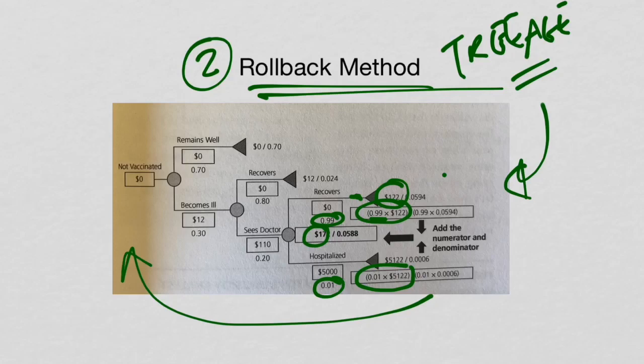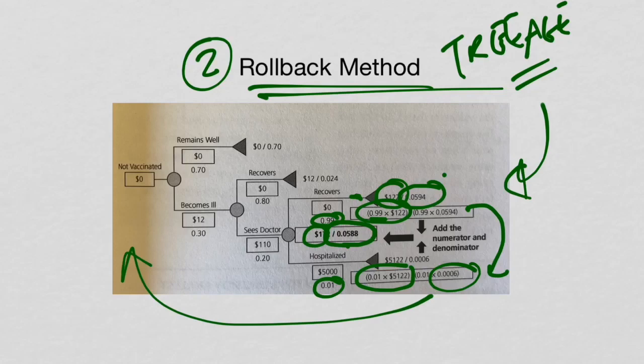You will do the same for the denominator, which is the 0.99 times 0.0594, which is the expected value probability here, multiplied by the 0.99, and also you do the same, 0.006 times 0.01. You would then add 0.0594 and 0.006, and that will give you 0.0588.